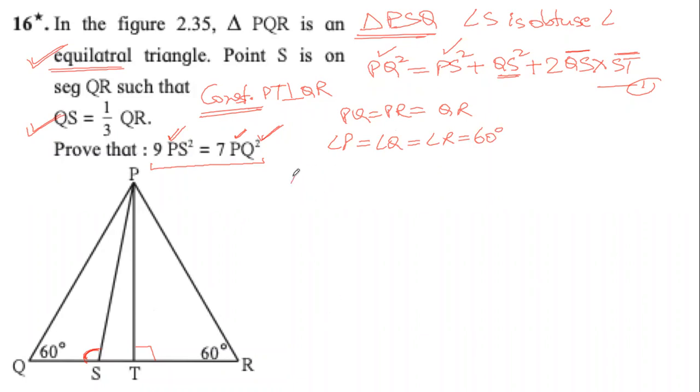Now, if you look at triangle PTQ, one angle is 90, one angle is 60. Obviously, the third angle is 30. It is a 30, 60, 90 triangle.